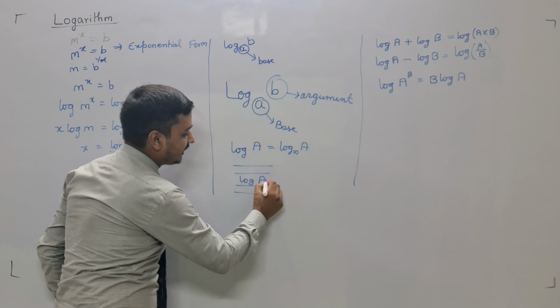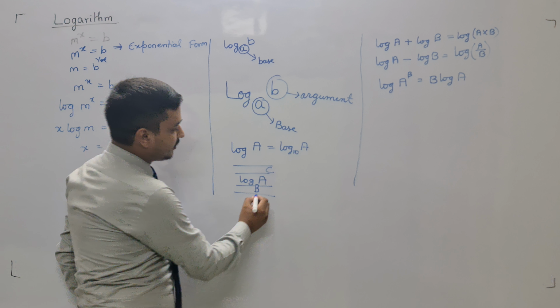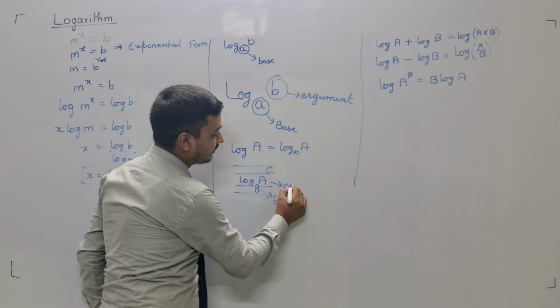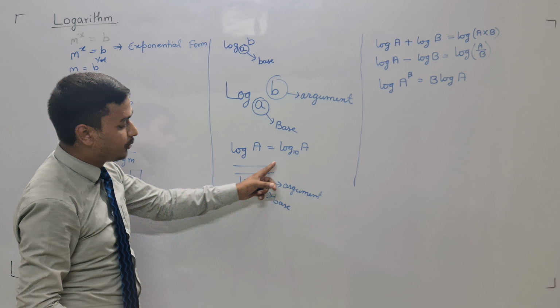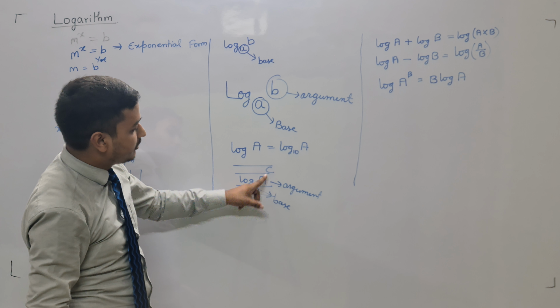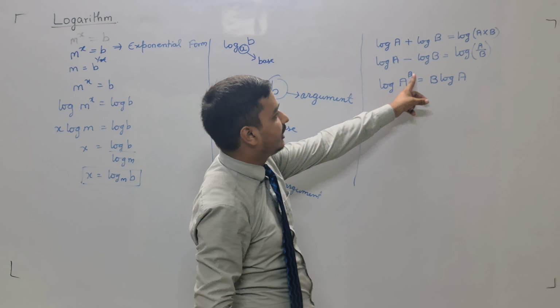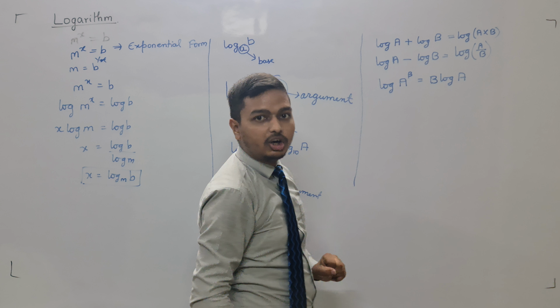If I write a and b, here down I will write a, and let the power be c. This one is known as your base, and this one is known as argument, and this one is known as your power. I hope you understand how it is written. So if I need to write a power, I should write it above that alphabet. So log a power b will be b log a.